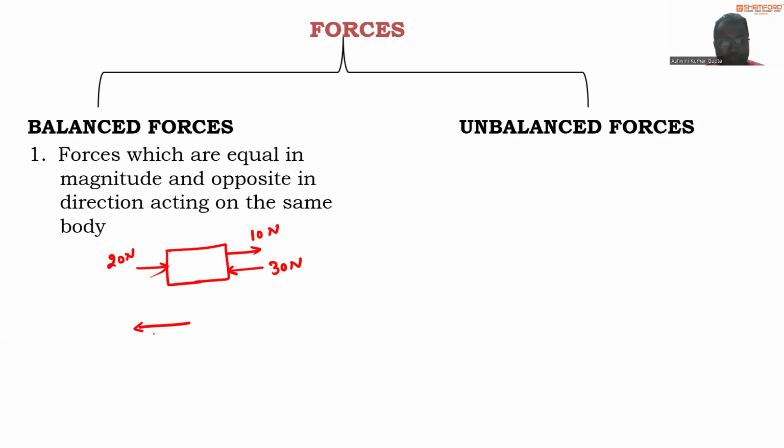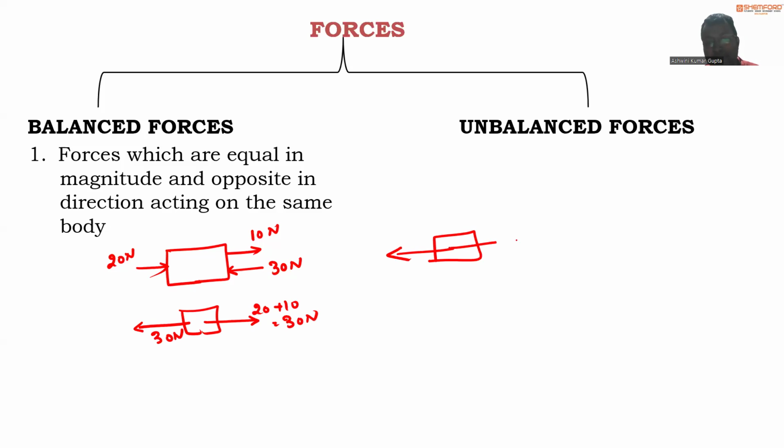In this direction, we are having 30 Newton of force on the body, and the net force in this direction is 20 plus 10, that is again 30 Newton of force. That means the body is having two equal and opposite forces, 30 Newton, and this is again 30 Newton. They will be cancelled out. And so the net force is zero, which is generally called the resultant.